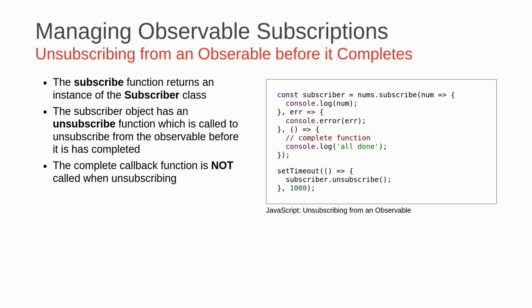When you unsubscribe from an observable, that will take care of that memory leak problem, but it does not trigger the execution of the complete method. So if you had registered a complete method as part of your subscription, just because you unsubscribe does not fire off that complete method. That complete function only fires off if the observable itself said, hey, it's complete.